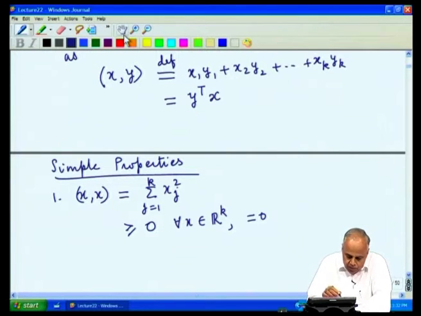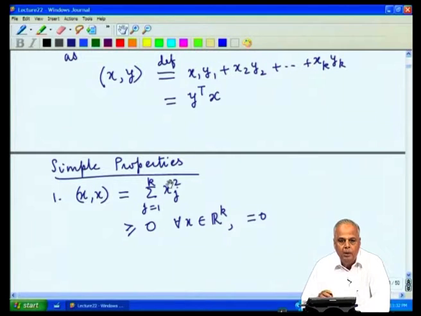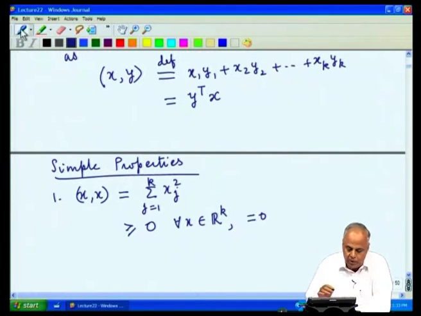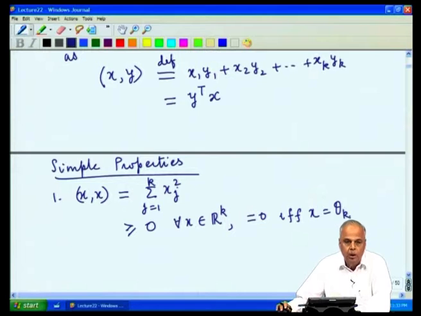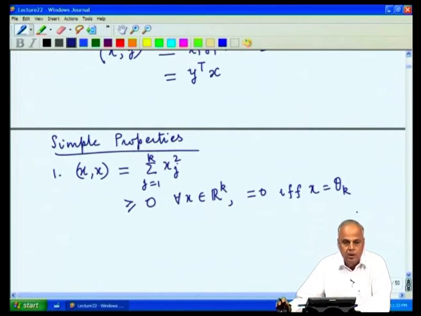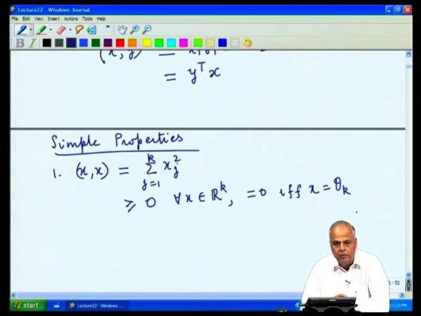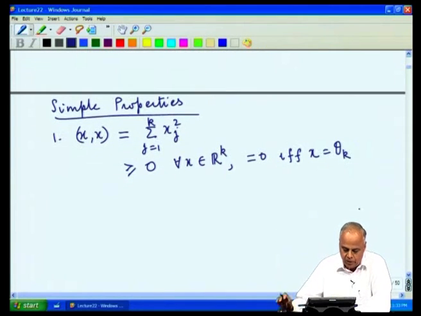When the sum of the squares is 0, but since all are real numbers, it is only when each one of these entries is 0. That means, x j is 0 for all j, but x j is 0 for all j means x is equal to 0. So, if and only if x is the 0 vector. So, the first important property is the inner product of any vector with itself is always non-negative, and it becomes 0 only when the vector is the 0 vector.